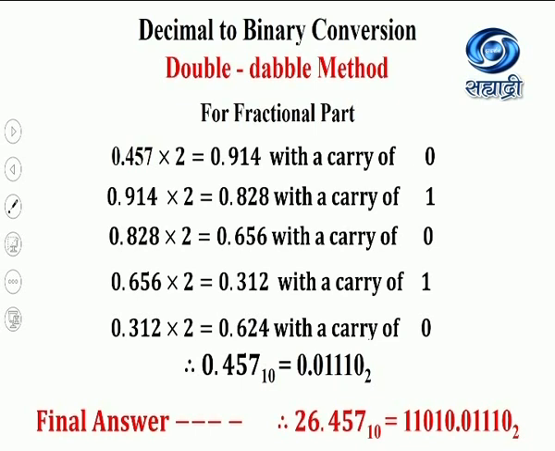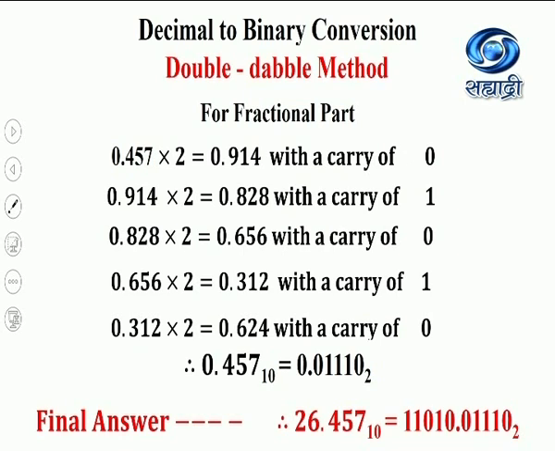For the fractional part of the given number, that is 0.457, we multiply that number by 2 every time. Whatever product we get, we note down with the carries.